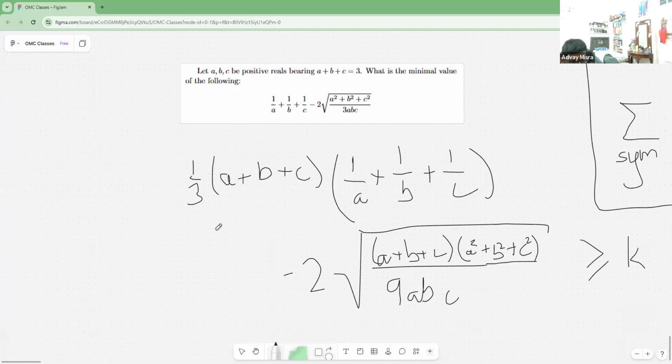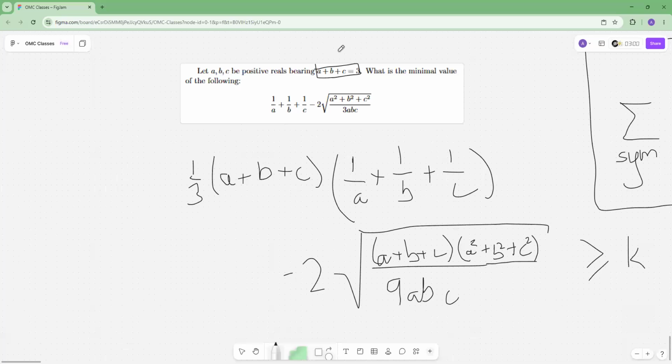The reason it's useful to homogenize is that it usually lets us get rid of conditions like this, because if you have your inequality homogenized, then you can scale A, B, C arbitrarily. So if it's true for A plus B plus C equal to 3, then it should be true for A plus B plus C equal to anything non-negative.